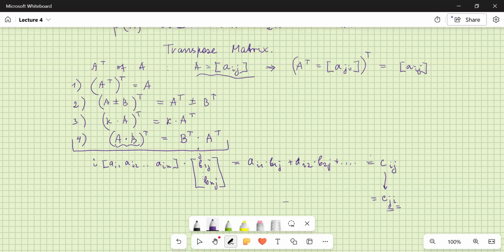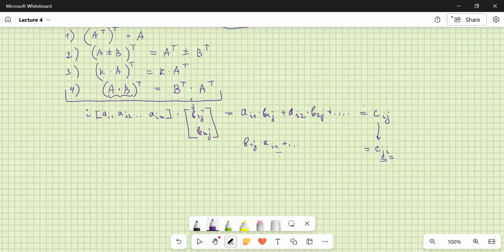Well, if we go backward, we are going to have B_1j by A_i1, and all of these elements. But to change positions of i and j, we will need to write it down differently.